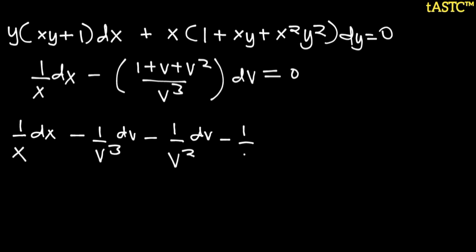So this is 1 divided by 1 over v dv, and this is equal to 0. So here now we can integrate both sides. So each term of both sides should be integrated.